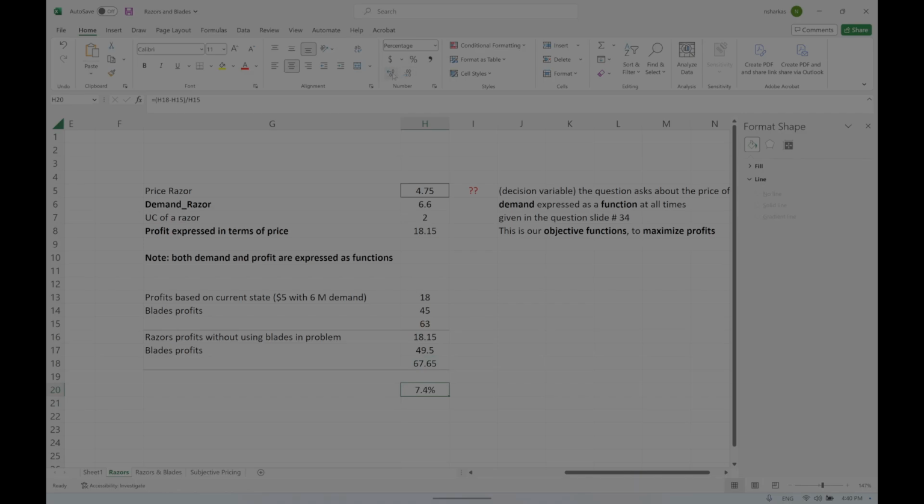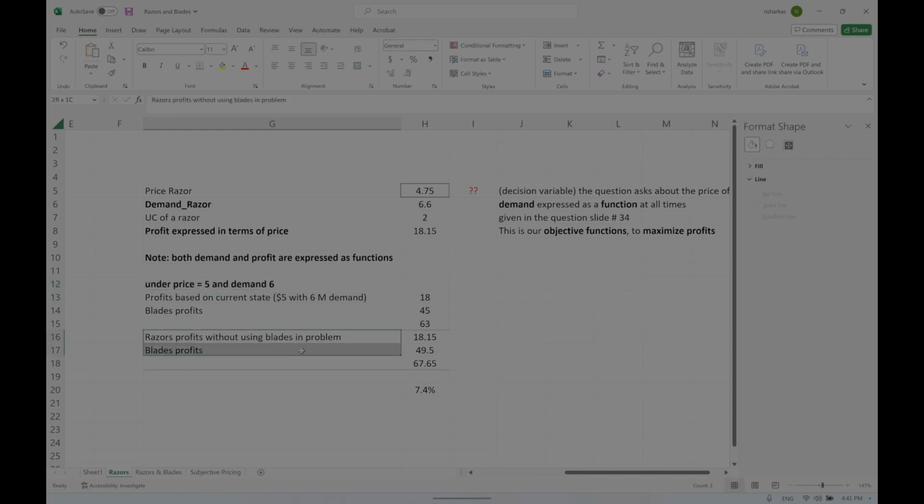Yeah, 7.4% increase in profit obtained if we are able to increase our demand to 6.6 instead of just 6.